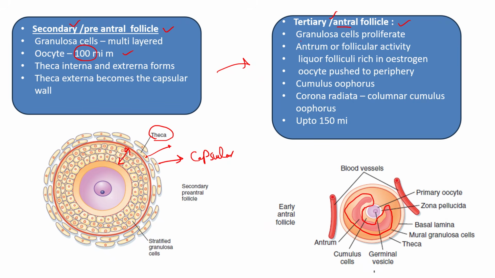Here the granulosa cells still proliferate, and there appears a follicular cavity, and this cavity is filled with a substance called liquor folliculi, which is rich in estrogen, and the oocyte is pushed to the periphery, and surrounding granulosa cells around this oocyte are called cumulus oophorus, and those cells which are attached to the oocyte are called corona radiata, and now the oocyte has developed into a size of 150 microns.